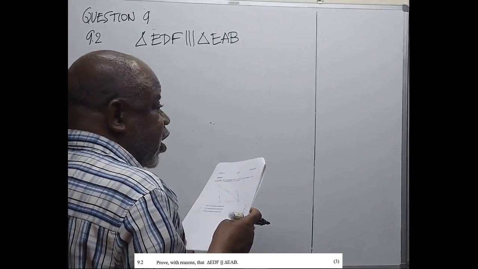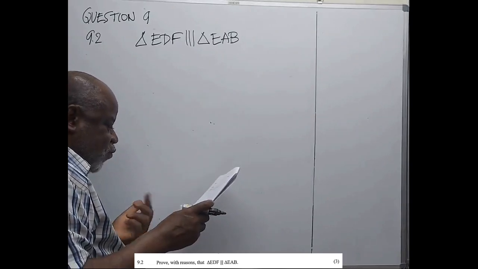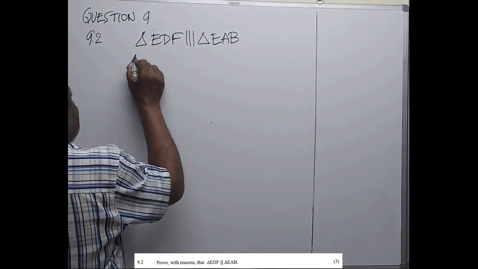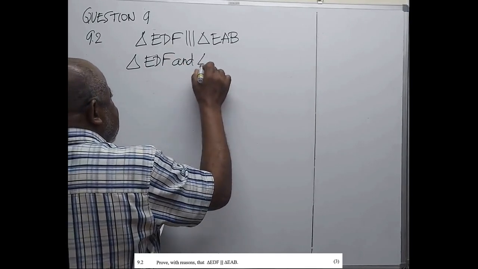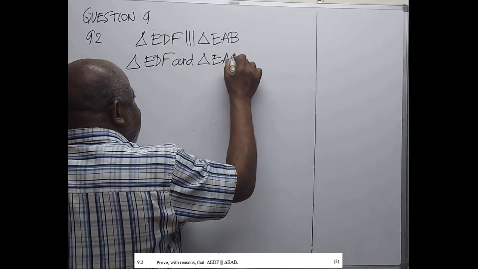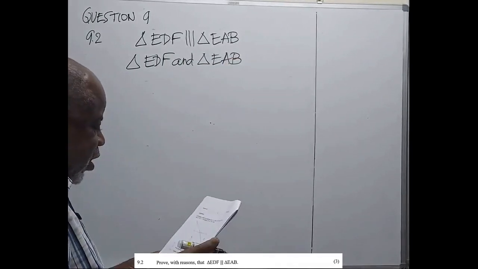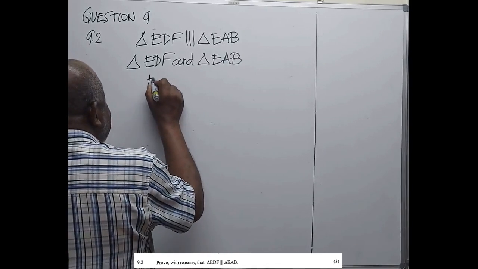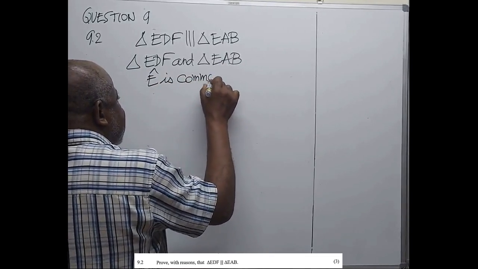As we can see, we can start already trying to prove with reason. If we consider these two triangles, triangle EDF and triangle EAB, as they are given, we can see that angle E is common. So we're going to write here that E is common.